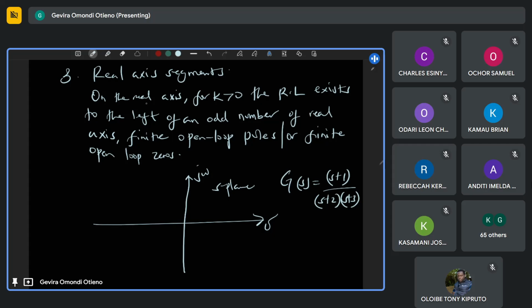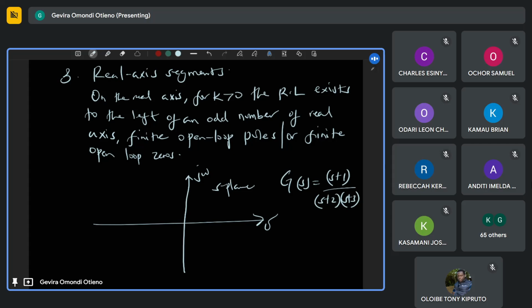One, on the real axis, meaning this rule, that's why it's called real axis segments. This rule only applies on the real axis. It does not apply on the imaginary axis. It only applies on this horizontal line. But you will notice that most root locus begin from the real axis.